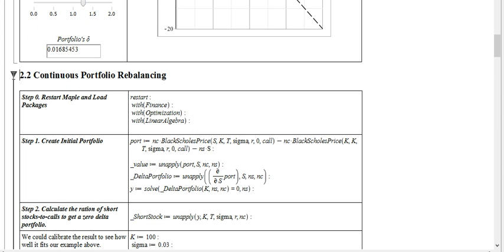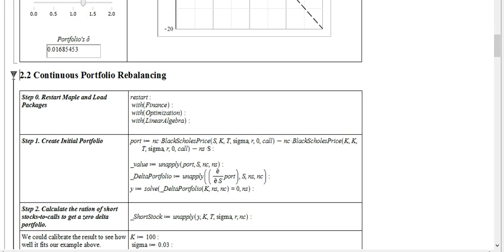In section 2.2, we're going to see what happens if we take this argument to the limits. That is, let's think of a strategy in which we continuously realize the earnings, the profits made by our strategy, and we continuously rebalance the portfolio.